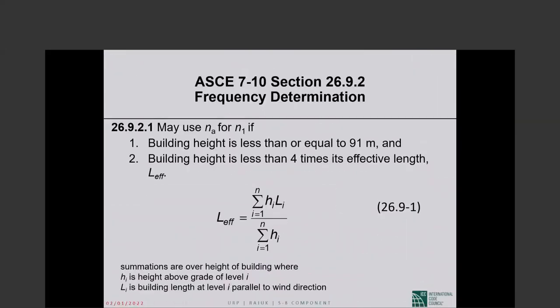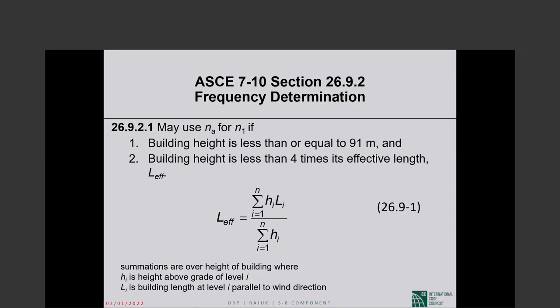Now, in order for you to be able to use the approximate formulas, you have to meet two requirements. One is the building has to be less than or equal to 91 meters in height. That would be about 300 feet, I think. That is not too much of a limitation because for taller buildings we will do sophisticated analysis anyway.